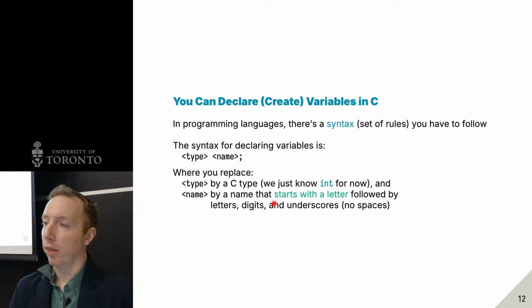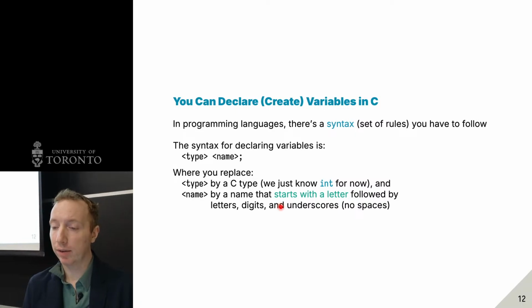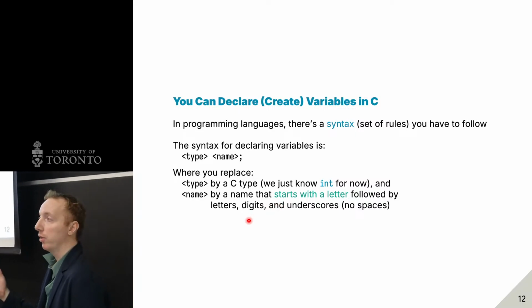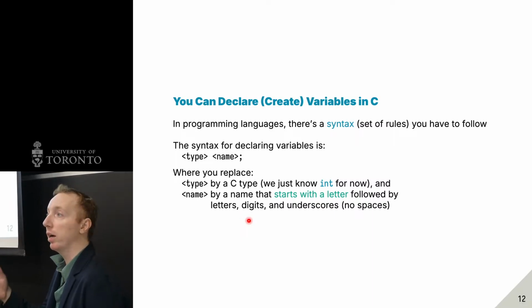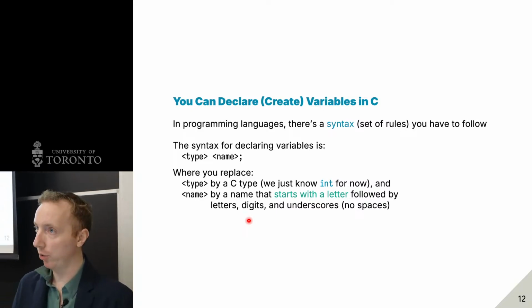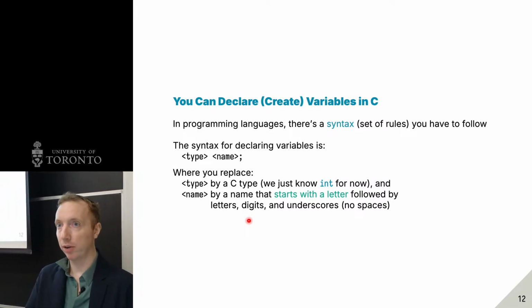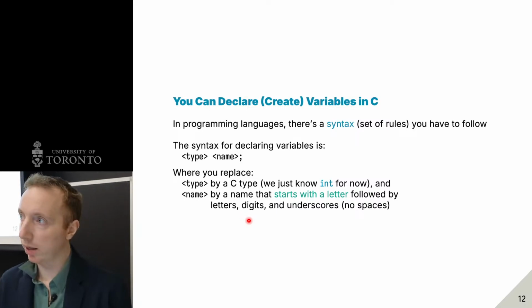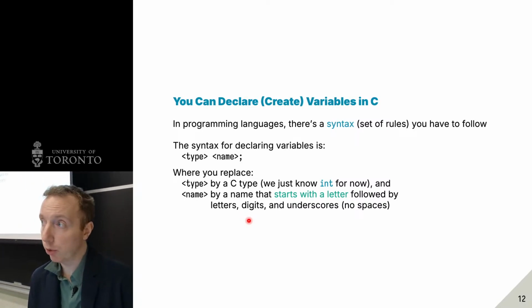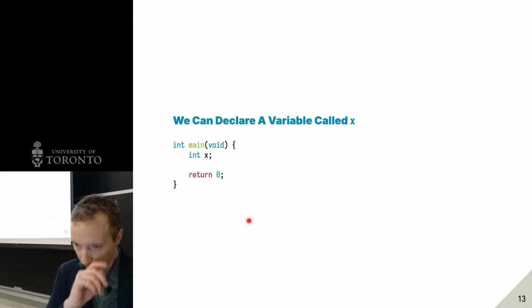After the first letter, you can follow it by letters, digits, and underscores, and the name also cannot contain a space. So you can call something x1, x2, that's perfectly fine, x_2 is also okay, but you can't name it x space 2. Those are just the rules for naming things.